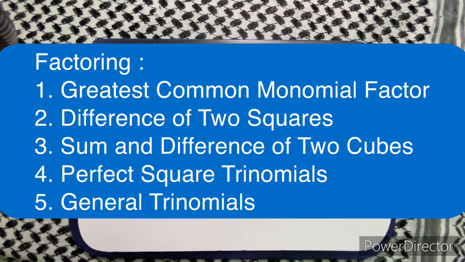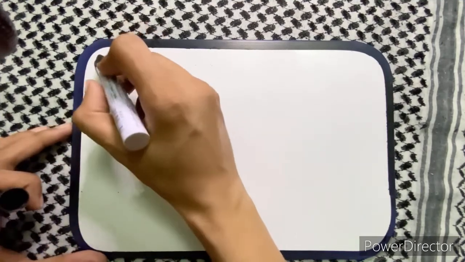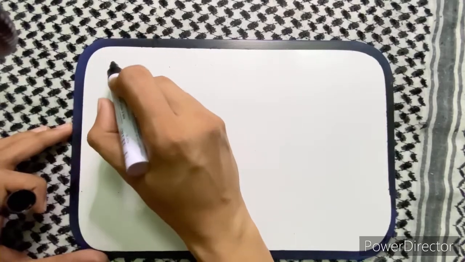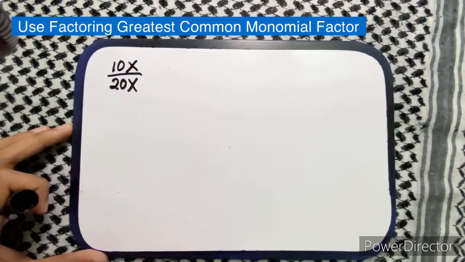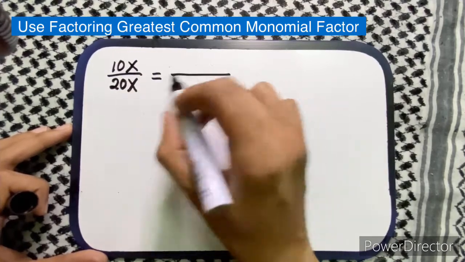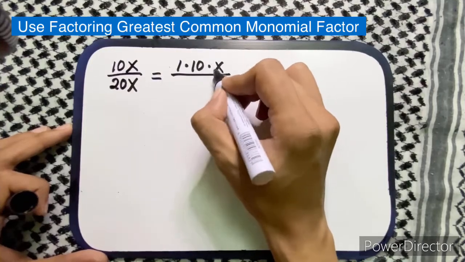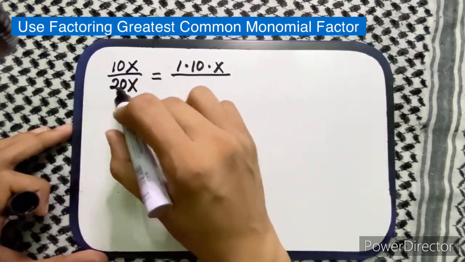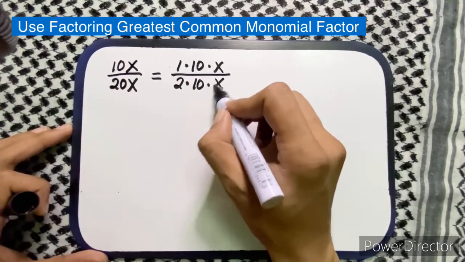Okay, we will go to example number 1. We'll go from simple to complex. For example, we have 10x over 20x. How to simplify that one? We will do it step by step. 10 is 1 times 10, then times x. 20 is 2 times 10 times x.